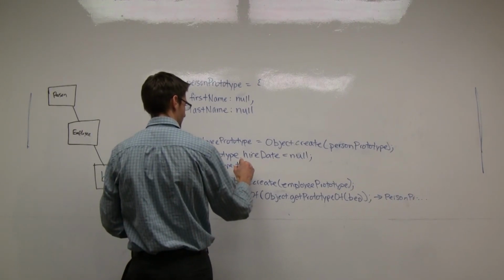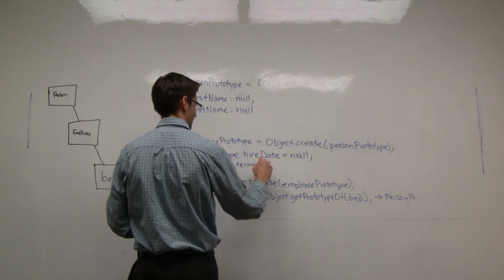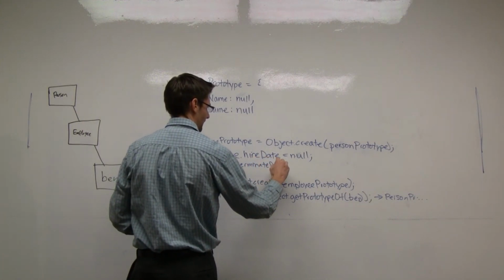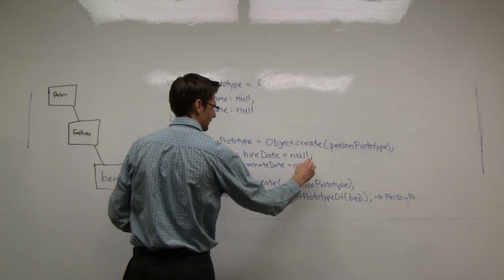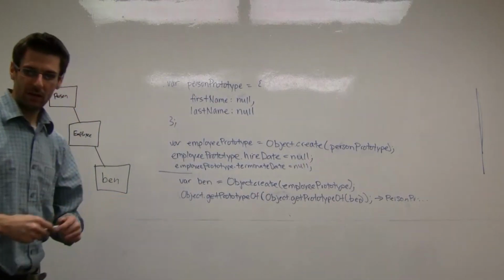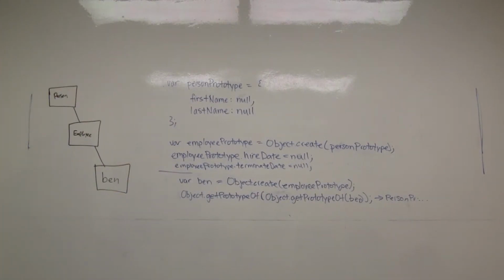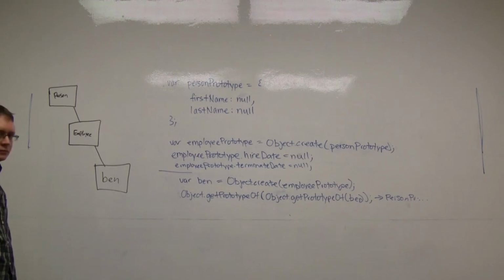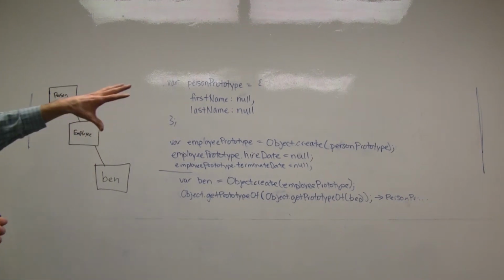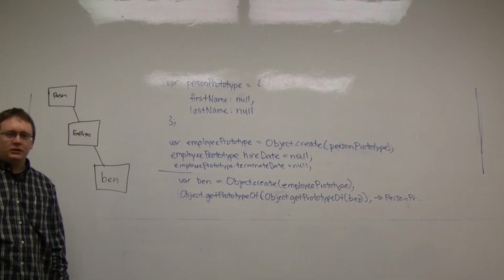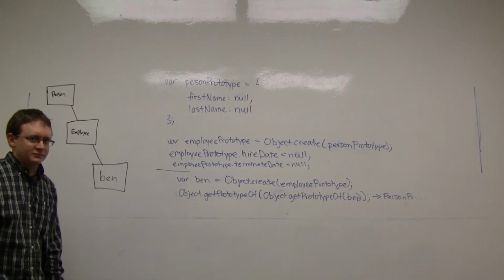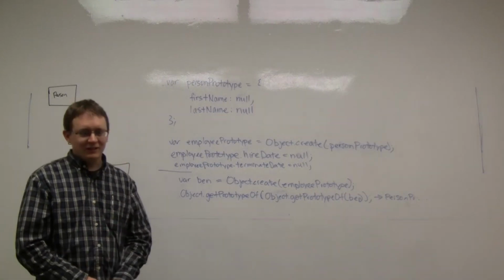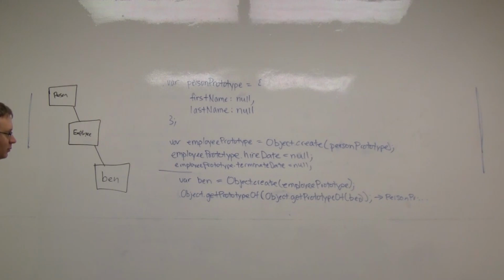Yep, terminate date. We'll just equal that to null because it's non-specific. And now we've got the terminate date equal to null. And mind you, we're just doing properties, but this is where the most power comes from: our methods. You put functions on here. Oh yes, it just really unlocks your world.